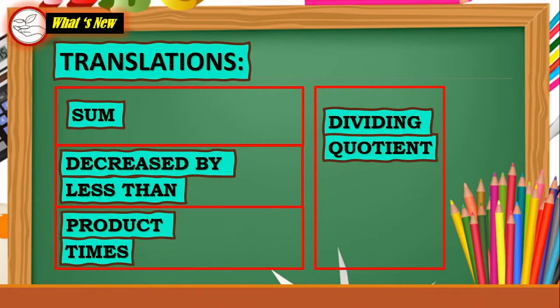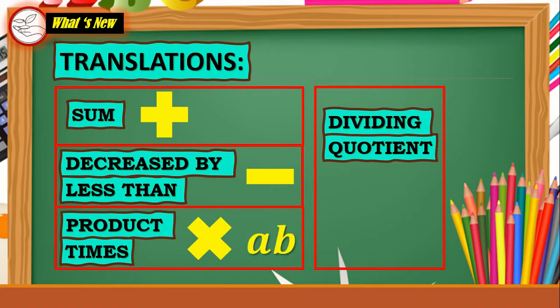Sum, which means addition, will have the addition sign. Decreased by or less than, which means subtraction, will have the subtraction sign. Product or times, which means multiplication, of course will have the multiplication sign, or you could simply put the two variables, a number and a variable, together like this.